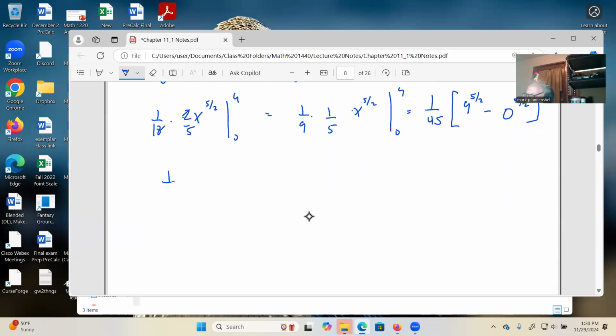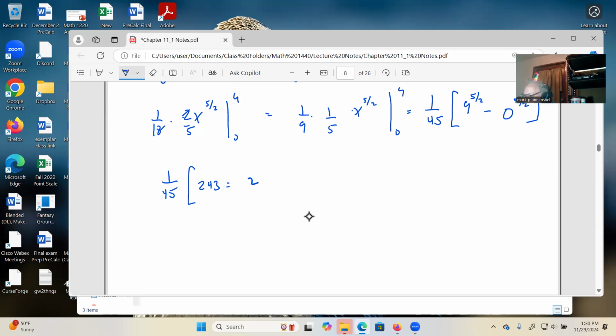We have 1 over 45, and 9 to the 5 halves, 9 to the 5 over 2, is 243.